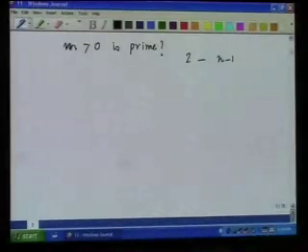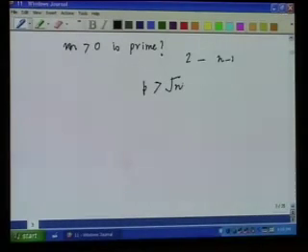However, we don't need to test all these numbers to check whether any of them is a factor of n, because if there is a factor of n, let's say p, which is greater than the square root of n, then there must be another factor q which is less than the square root of n. Why is that?